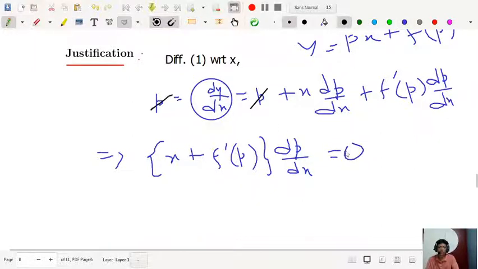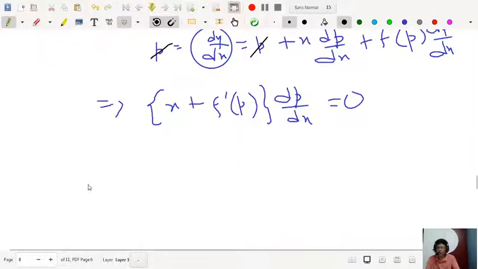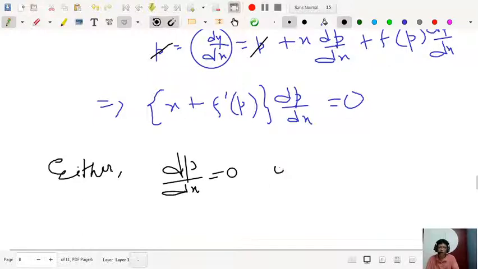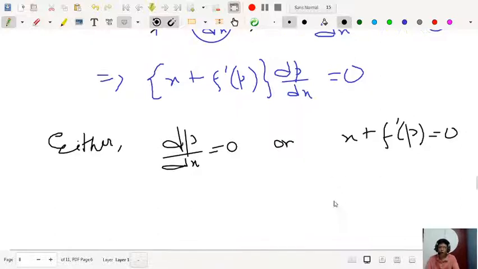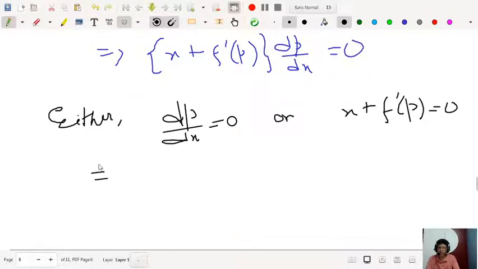So you have either dp/dx = 0 or x + f'(p) = 0. If dp/dx = 0, then if you integrate this, it gives p = constant, which is equal to c, say.